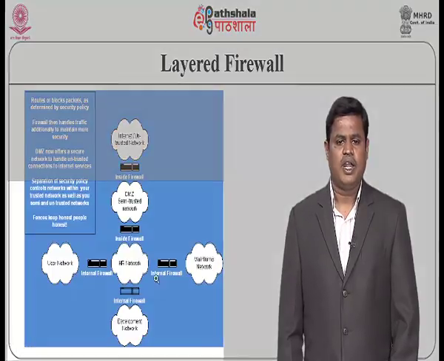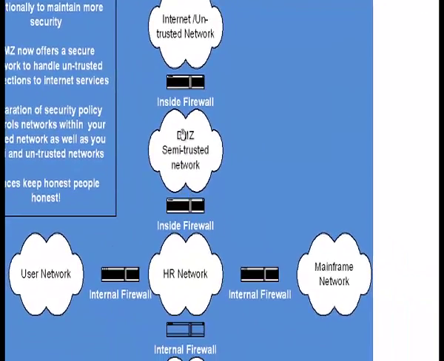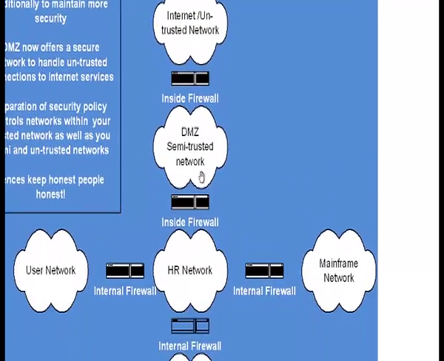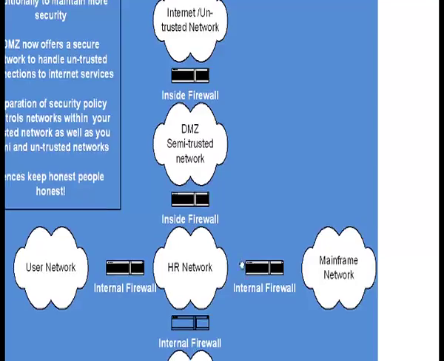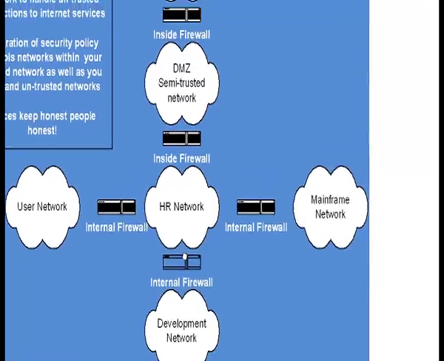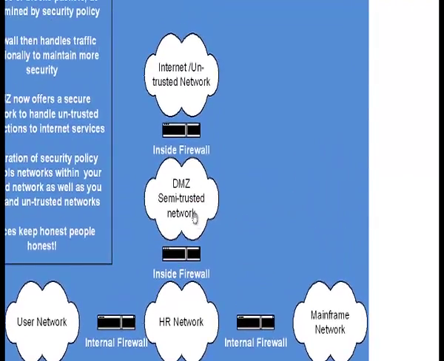Here we can see there is an outside firewall, two inside firewalls and internal firewalls, where we can have a group of users: user network, general user, mainframe network, development network, and HR network. Here I have a DMZ, a semi-trusted network, and also our internet.